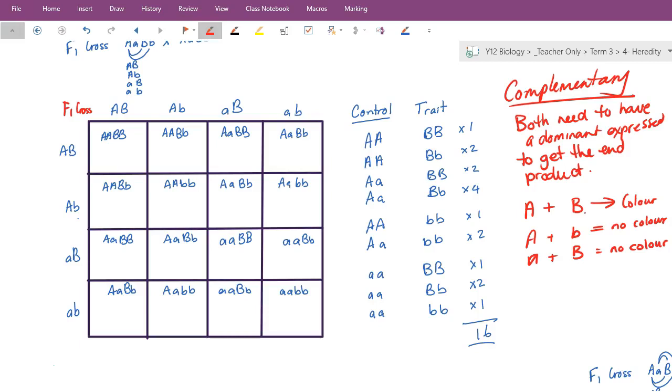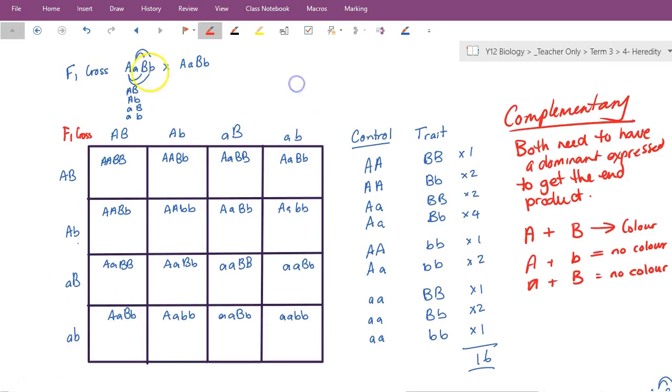So let's have a look at the relationship or the pattern that we see with this now. So again, here is my heterozygous cross of my F1 generation. Put them up here with all their alleles. My F2 generation is going to have a specific pattern in it that shows me that this is definitely a complementary relationship.